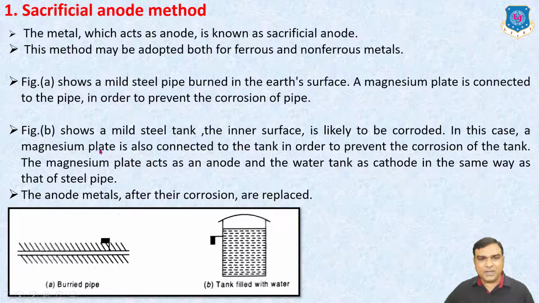And in figure B, which shows a mild steel tank, the inner surface is likely to be corroded. In this case, a magnesium plate is also connected to the tank in order to prevent the corrosion of the tank. The magnesium plate acts as an anode and the tank as cathode in the same way as that of the steel pipe. The anode metals after their corrosion are replaced.